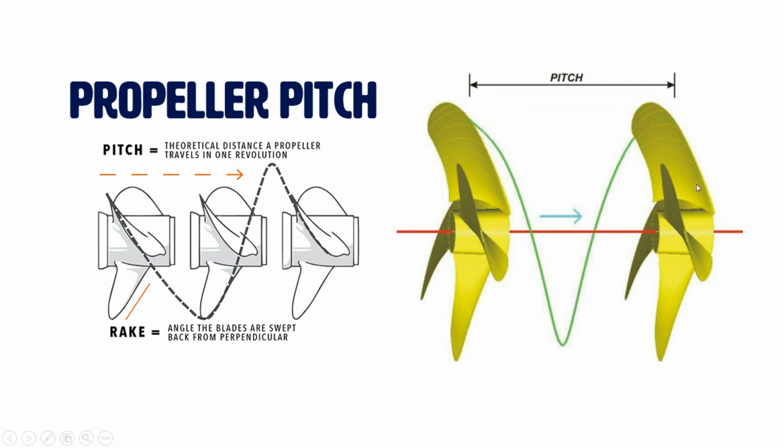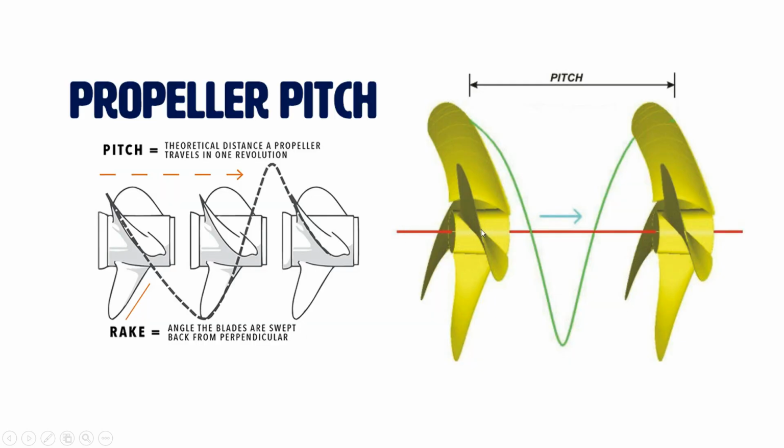How do you measure propeller pitch? Let us say this is your propeller and it is moving in this direction. If you consider this point and the propeller takes one complete revolution, the amount it has come forward will be your pitch, or your geometric pitch.